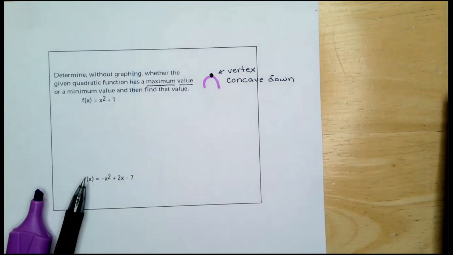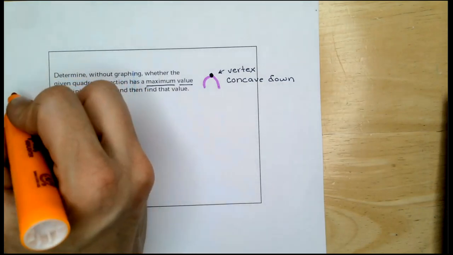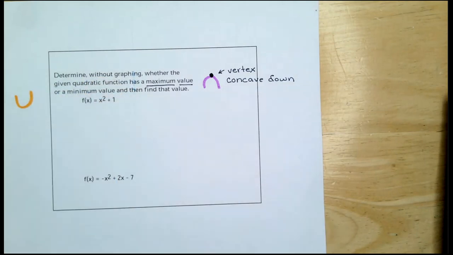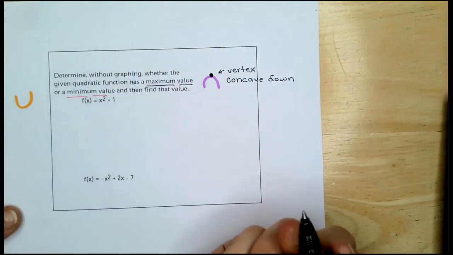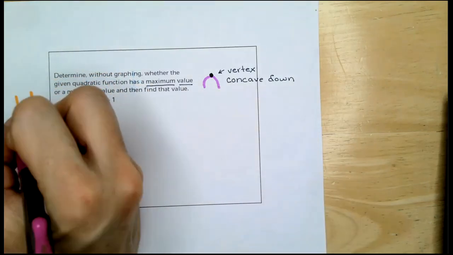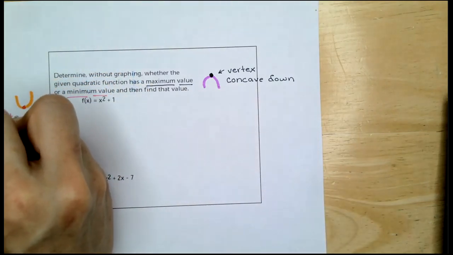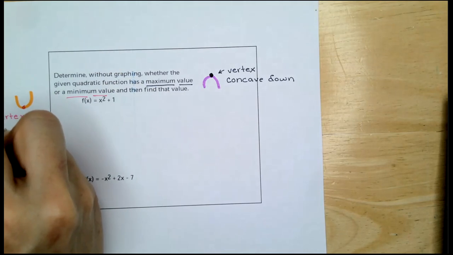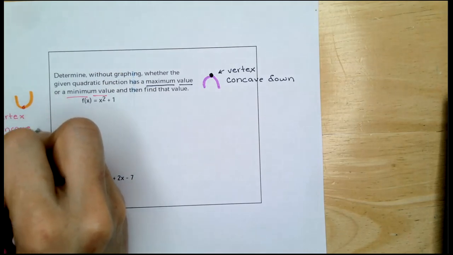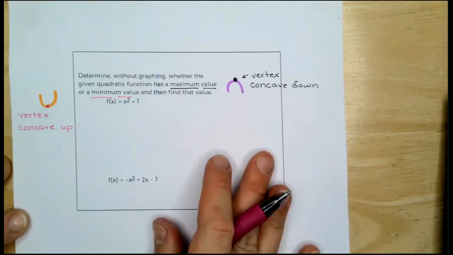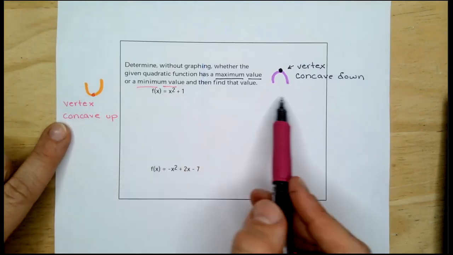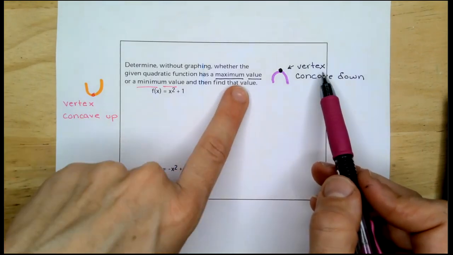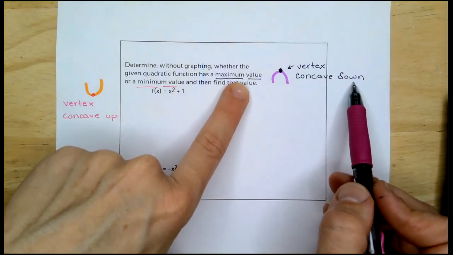It has a minimum value when the vertex is concave up. Okay, so that's what they want to know. It's minimum if it's a concave up situation. It's a maximum when it's a concave down situation.